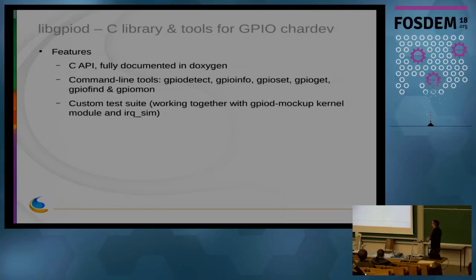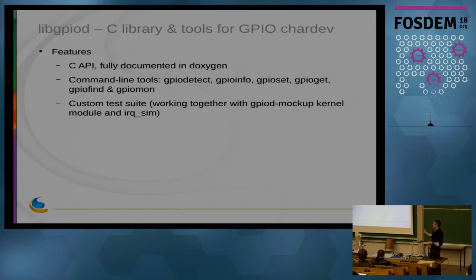And then we have a custom test suite. This is interesting because there is the GPIO mockup kernel module, which is a GPIO chip simulator in the kernel. Together with something called configfs, an interrupt simulator, we managed to create a testing suite both for libgpiod, for the user space part, and for the kernel part, the kernel user space API.